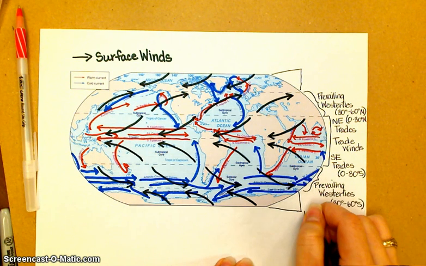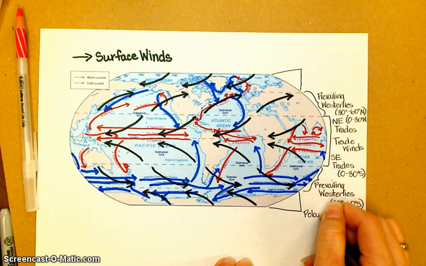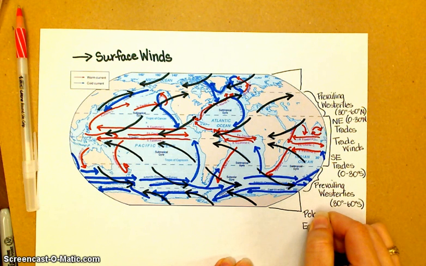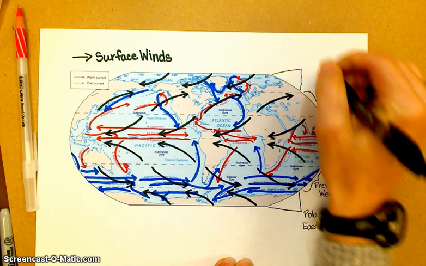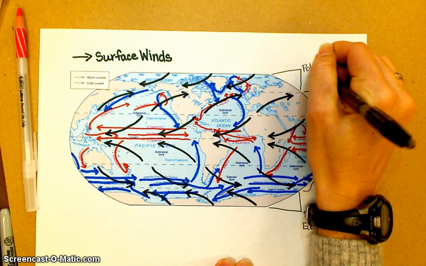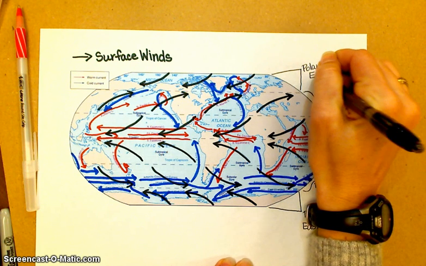So they are known as the polar easterlies in both cases.